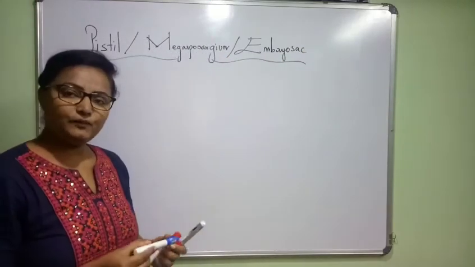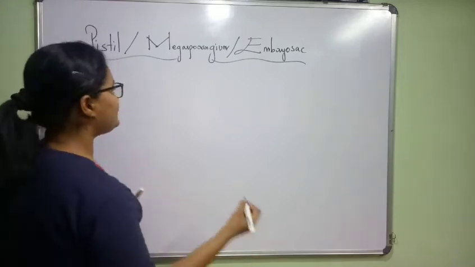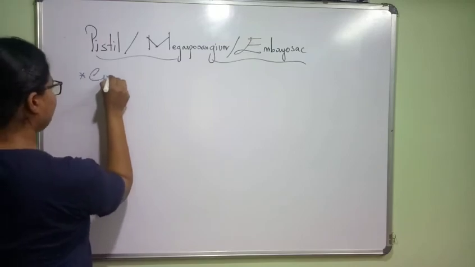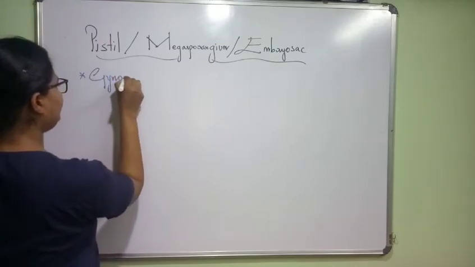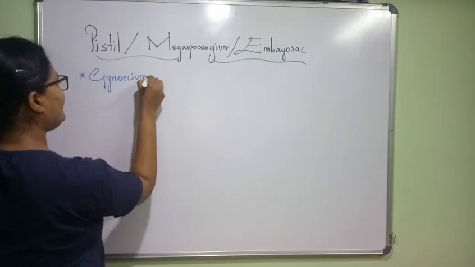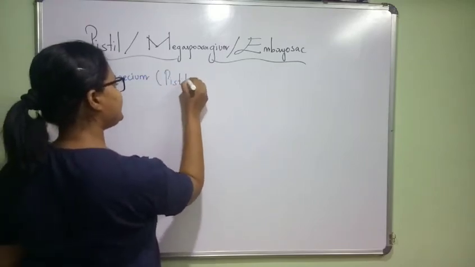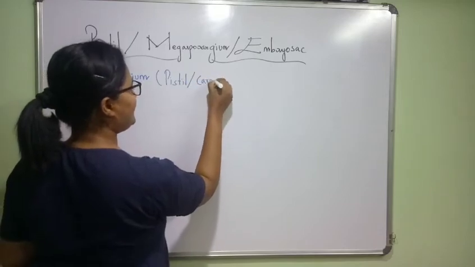As we already know, the female reproductive part of a flower is the gynoecium, or this gynoecium is also called the pistil or carpel.